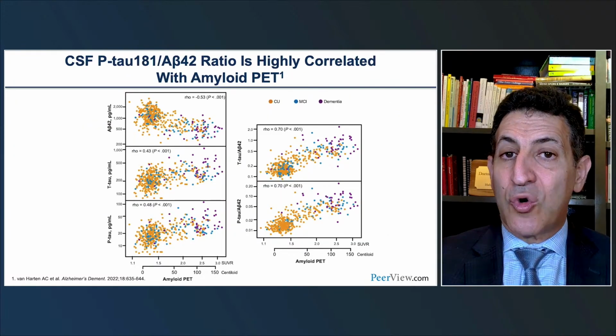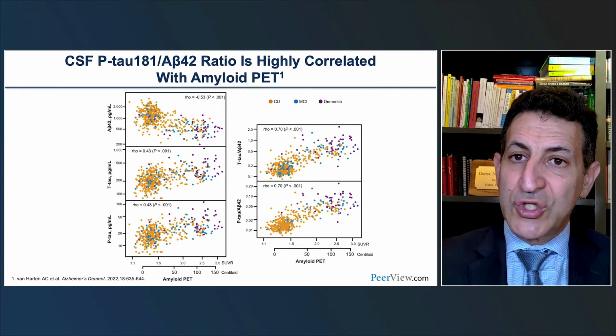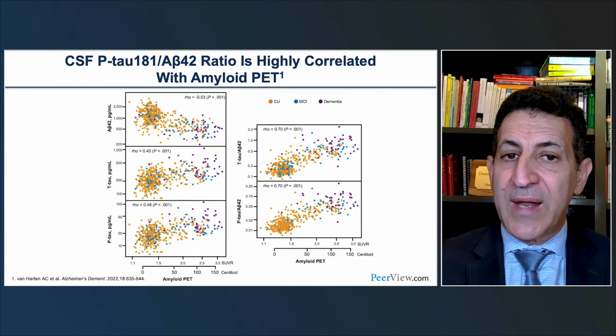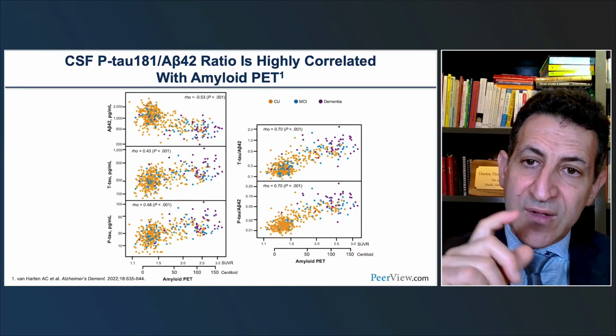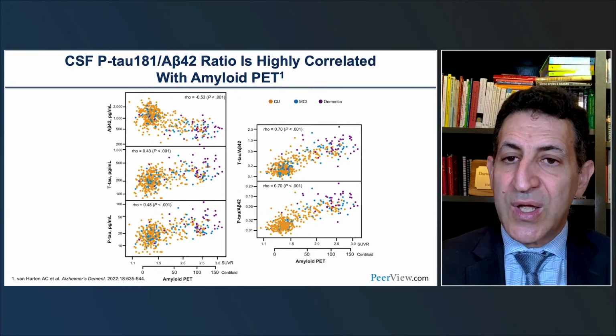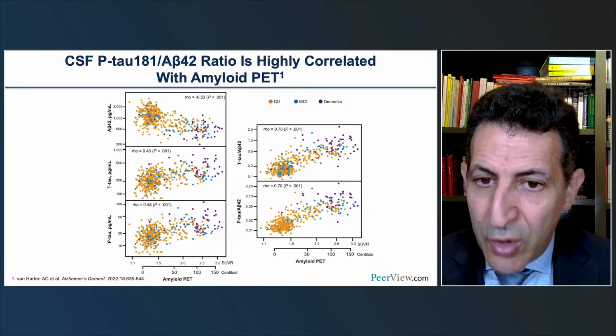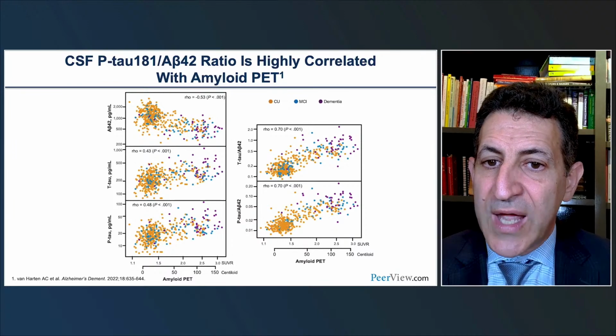Now, what about the correlation of that CSF p-tau 181 to A beta 42 ratio to amyloid PET? And you see, again, if you look at the individual biomarkers versus the combinations, very, very clearly in the bottom right-hand corner, the row is the p-tau to A beta 42.